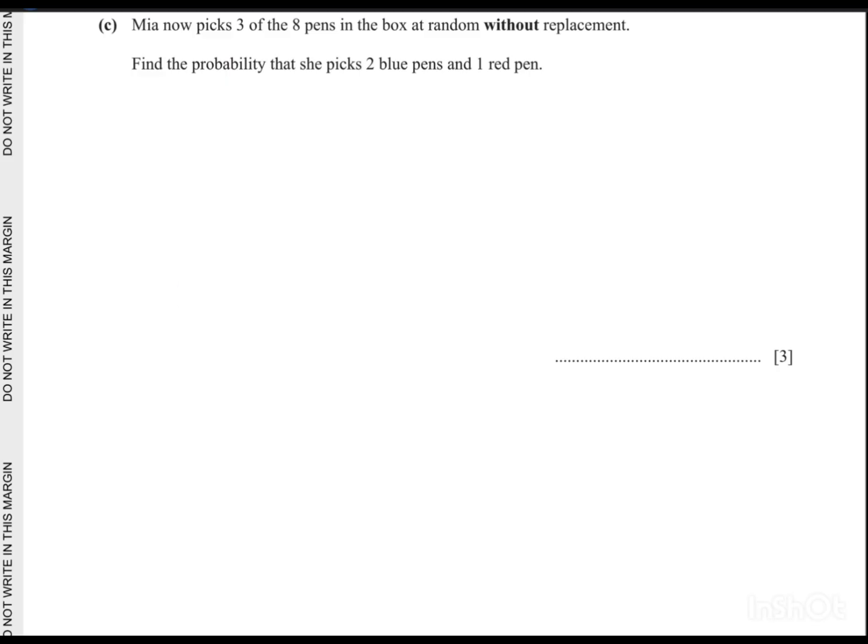So the possibilities will be blue, blue, red, or blue, red, blue, or red, blue, blue. In this way she can pick. So there are 3 different possibilities of picking 2 blue pens and 1 red pen. So now first we will see the possibility of picking 2 blue pens.